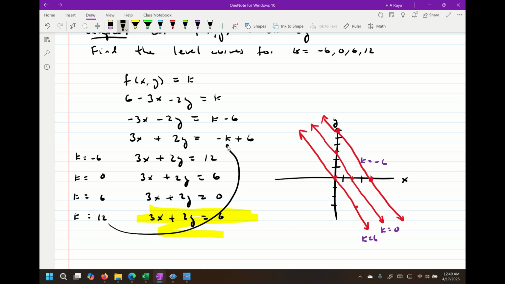I put it in the wrong formula, folks. So that's negative 12 plus 6, so that's negative 6. Sorry about that. So the x-intercept is negative 2. And the y-intercept is negative 3. Connect the dots, and you got yourself your level curve for a k value of 12.